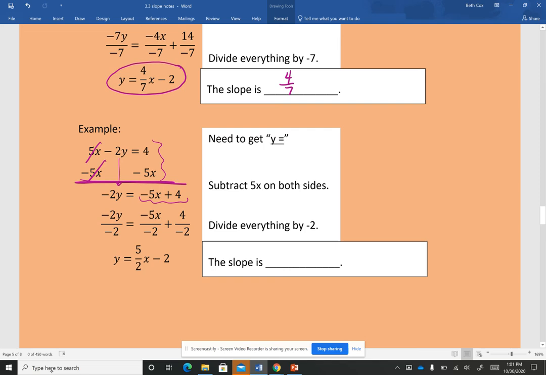So -5x plus 4 instead of 4 minus 5x. It means the same thing. And then we divide everything by the -2. Okay, so now that's going to cancel. Negative divided by negative leads me to a positive. And then 4 divided by -2 gives me -2. And then my slope is 5/2. We can see the slope in the line itself.